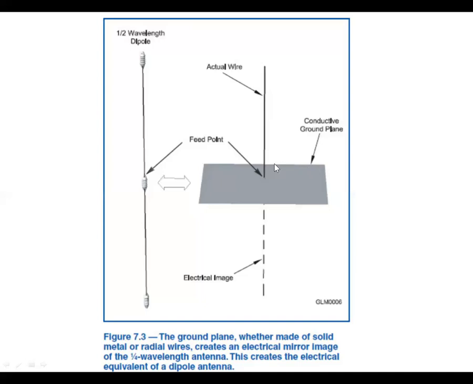That's why, if you're in the house, you could also use a filing cabinet or refrigerator or stove or anything like that as a ground plane for your VHF and UHF type antennas.